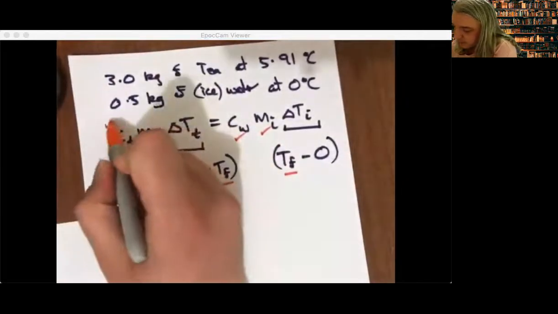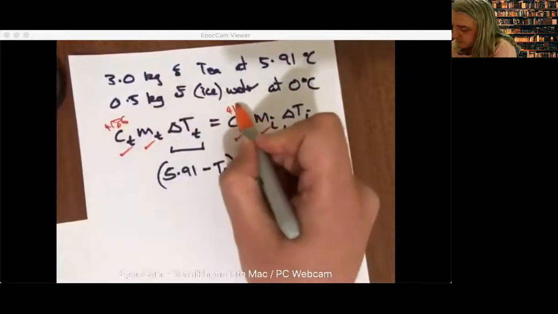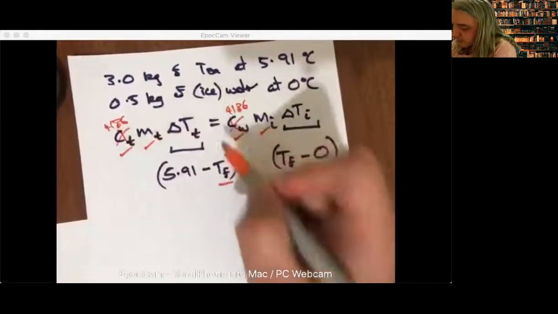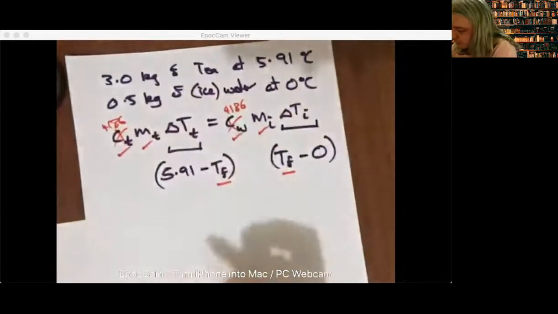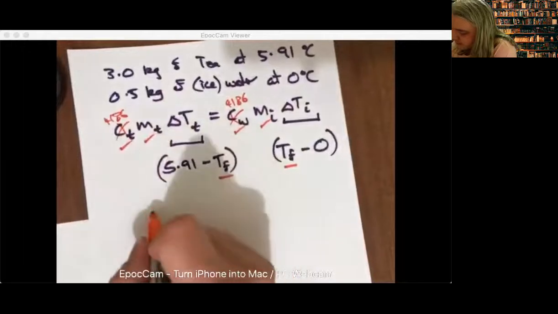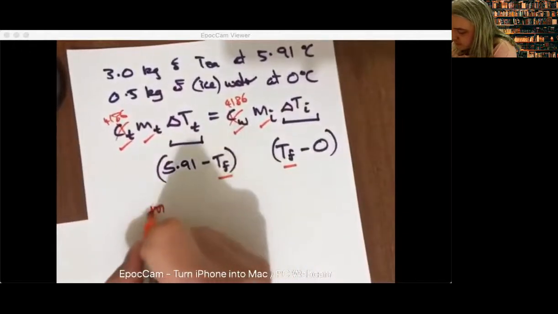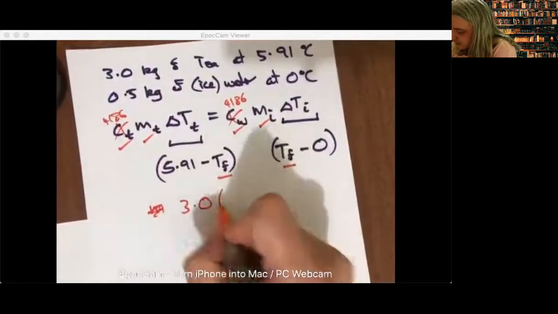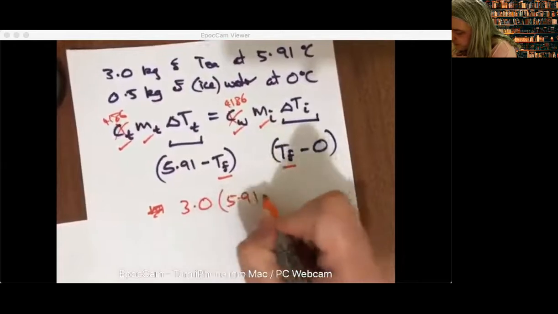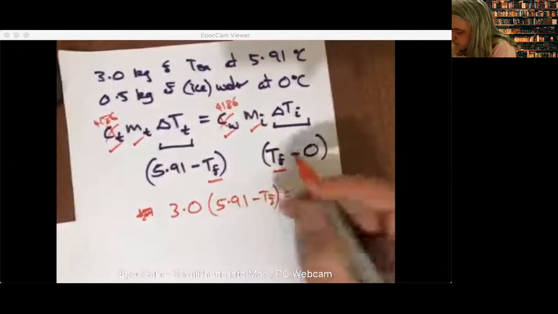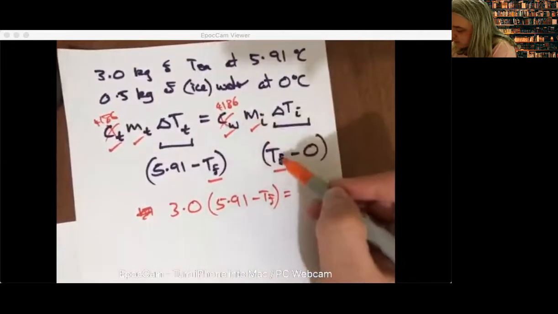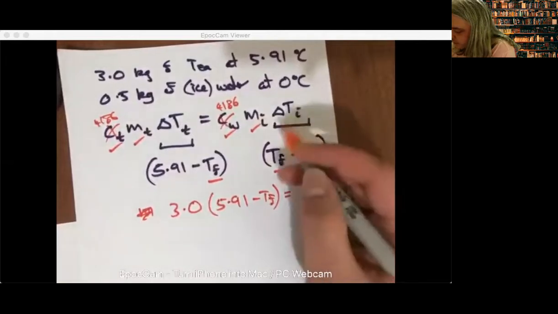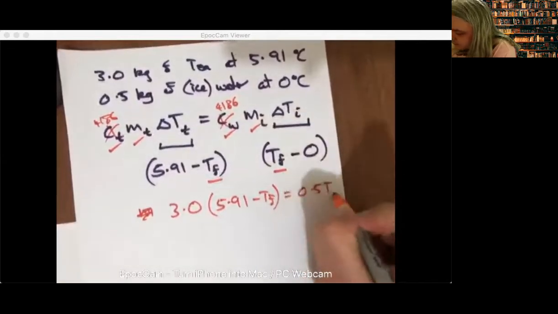So this is 4,186 and so is this, but we can just cancel them out because it's the same number on both sides. What we get is the mass of T, which is 3 kilograms, times 5.91 minus TF is equal to the mass of ice times TF, because the 0 goes away, so 0.5 TF.